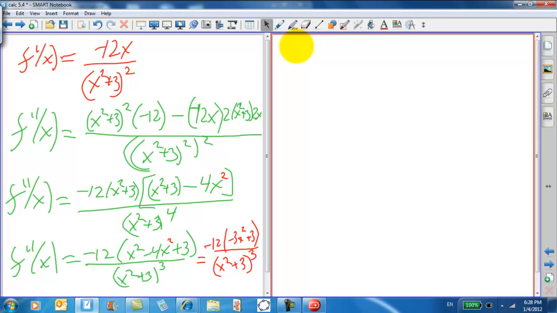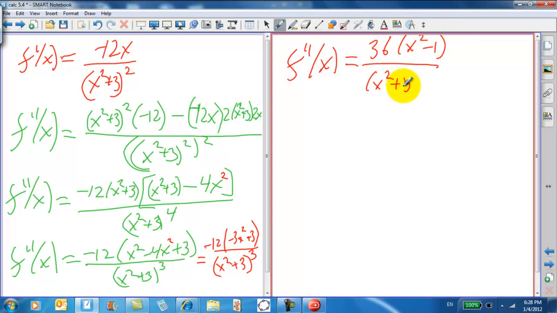So now let's factor out the negative 3, and so we get the second derivative: take the negative 3 out of these two, and we get 36 times (x squared minus 1) over (x squared plus 3) cubed.